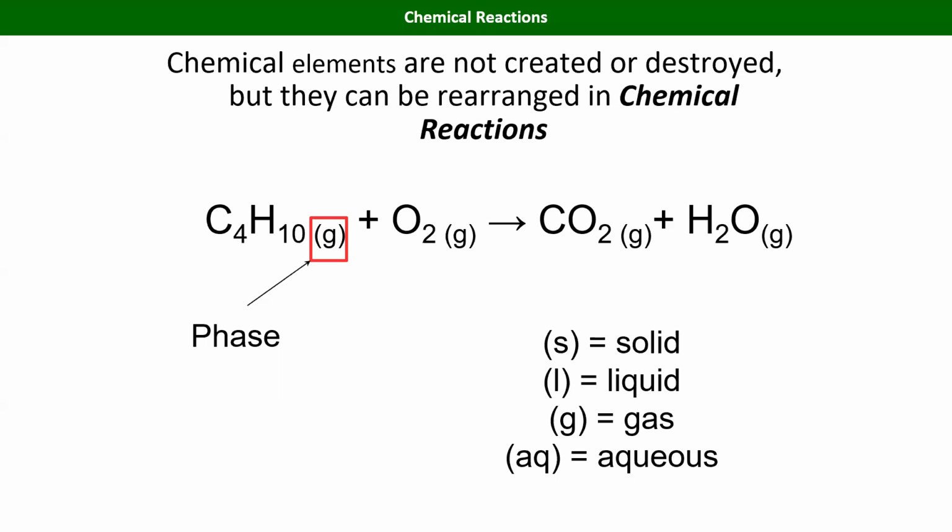But we would actually want to be more specific, because if we took solid carbon and burned it in oxygen to make CO2, what phase is that carbon probably in? It's not just solid. We don't burn diamonds, right? Well, in theory, we could, but it doesn't work very well.